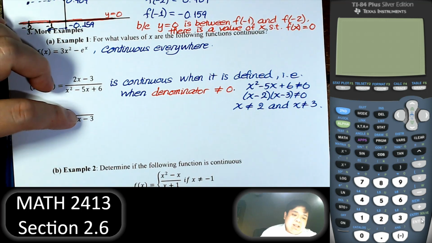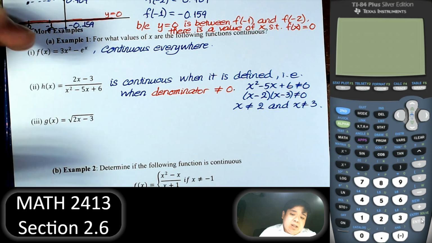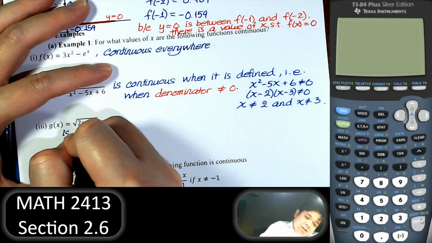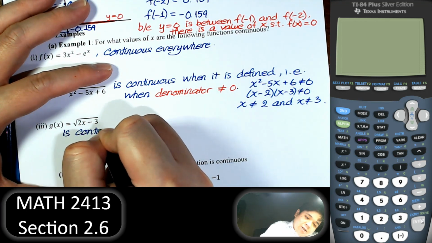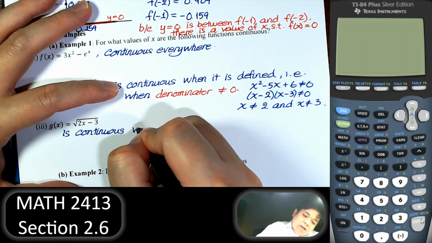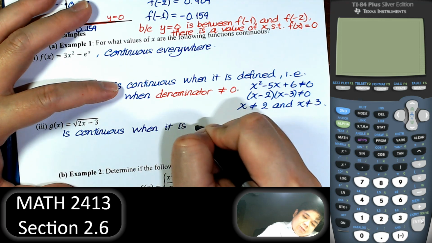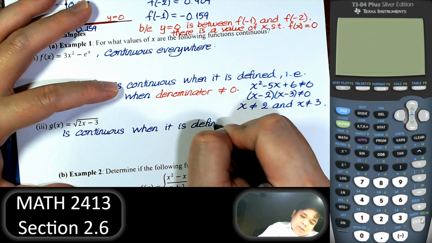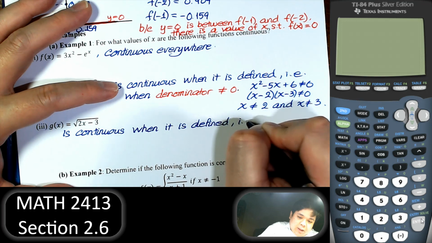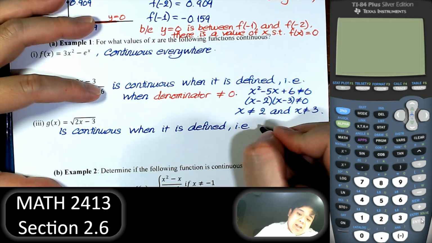Next, this is a radical function, or square root. It is continuous when it is defined, meaning that whatever is inside the square root has to be greater than or equal to 0.